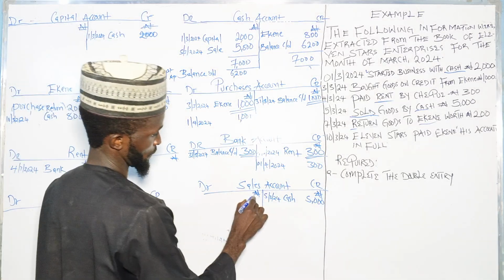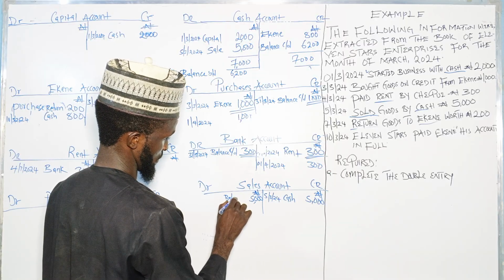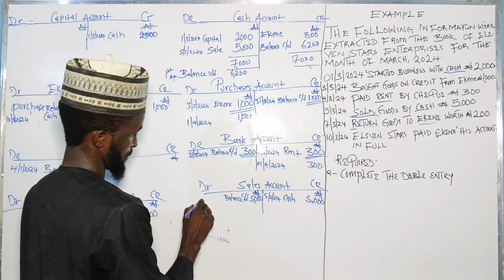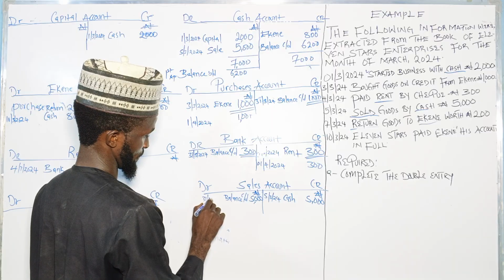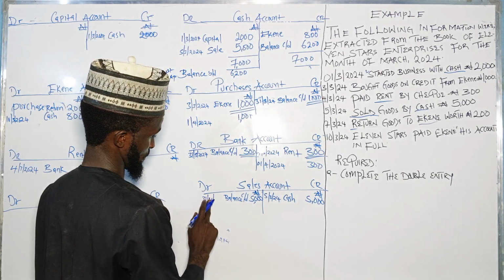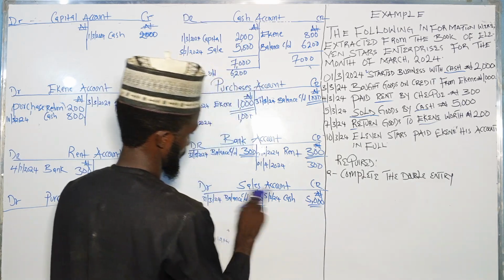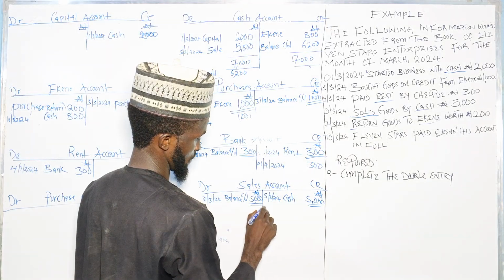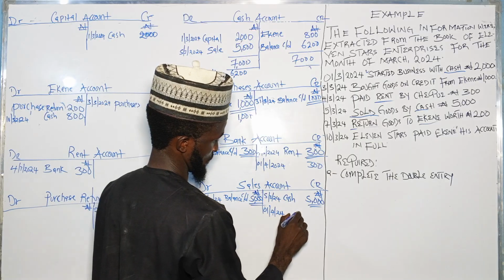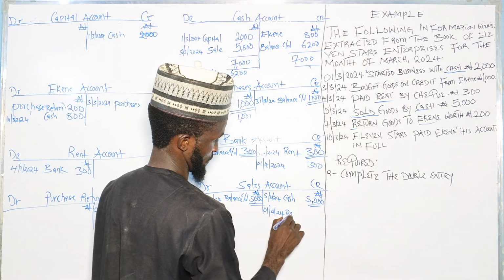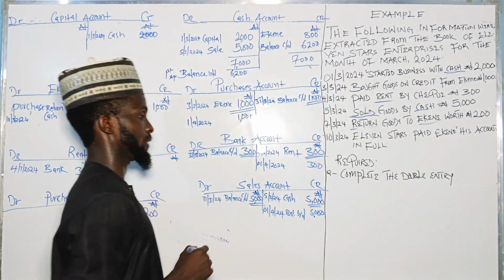Then sales account, close it, 5,000 as your balance CD on the 31st March. Close the account. Then it comes here as your balance BD on 1st April, balance BD 5,000. We are done with this as well.